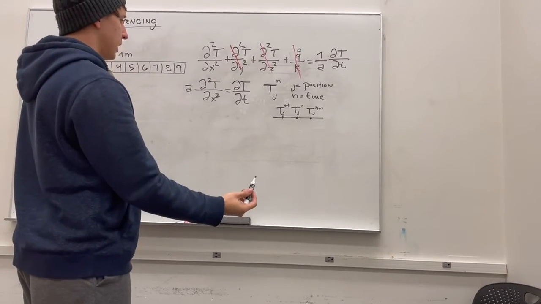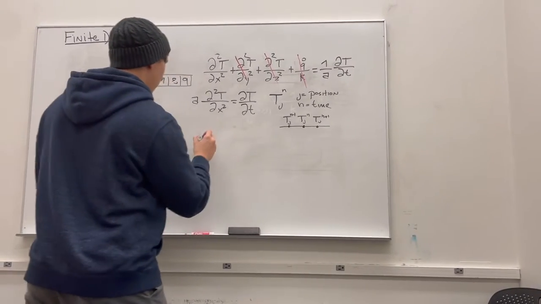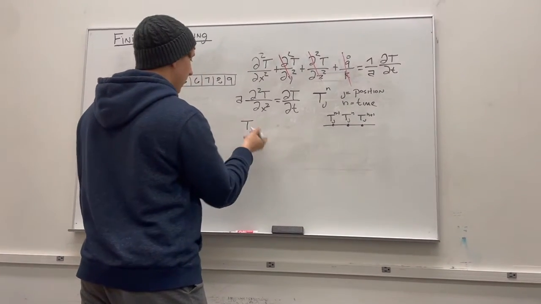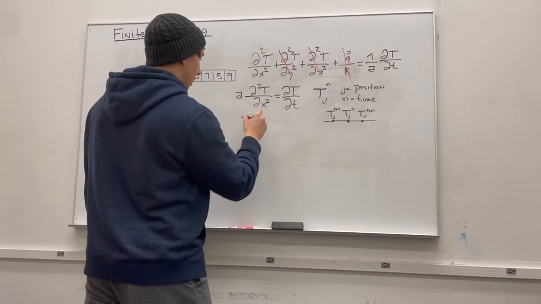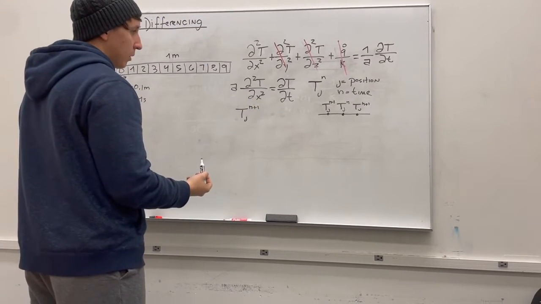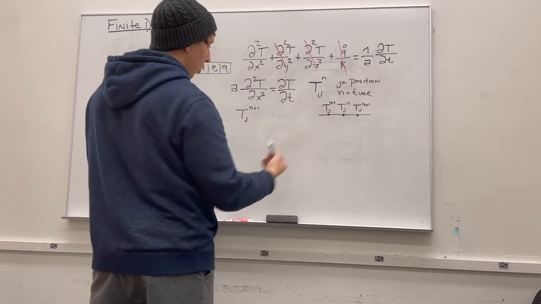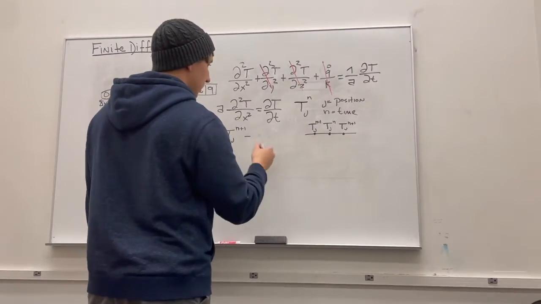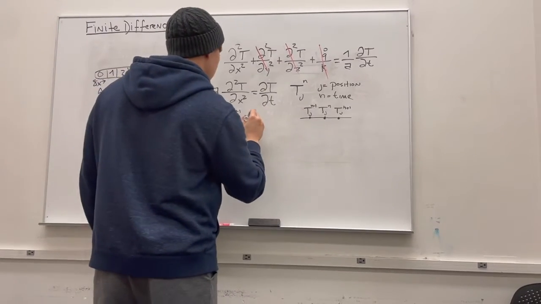So we can set this up as: we have some temperature at some position, and it's going to be that temperature a step ahead in time, T_j^(n+1), minus the temperature previous to it, T_j^n.